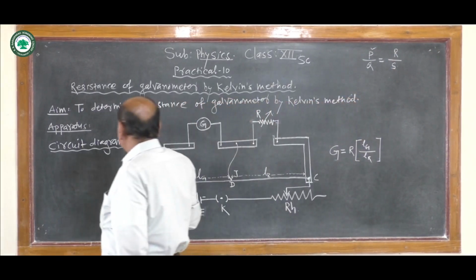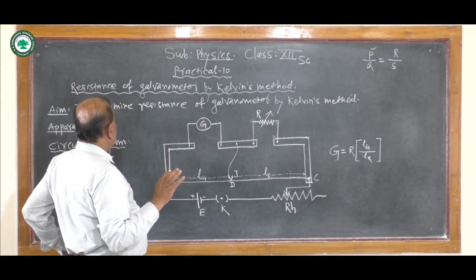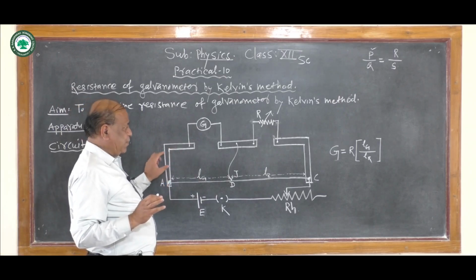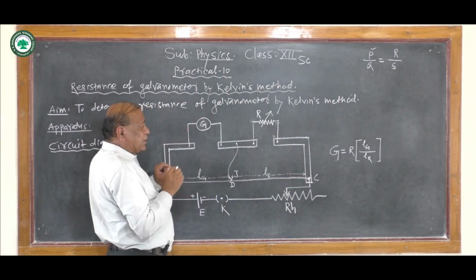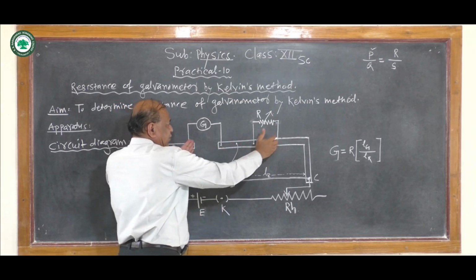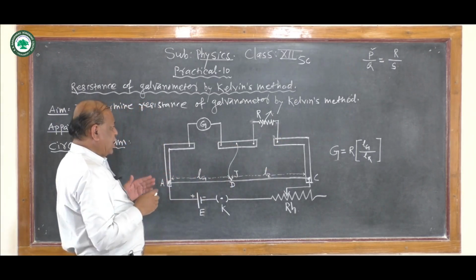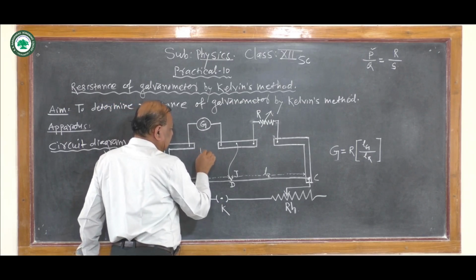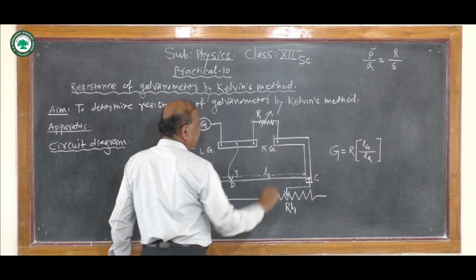Now, what are the apparatus for this experiment? First, the Wheatstone's meter bridge. It consists of two L-shaped metal strips, and one straight metal strip is fitted in between these two L-shaped metal strips, and they form two gaps. This is the left gap and this is the right gap.